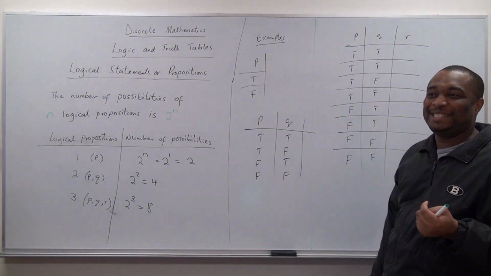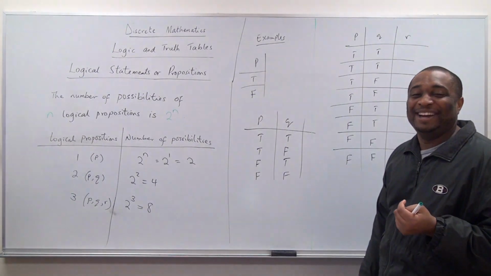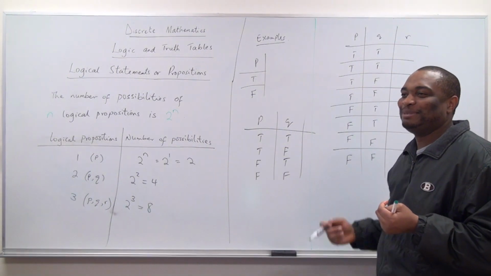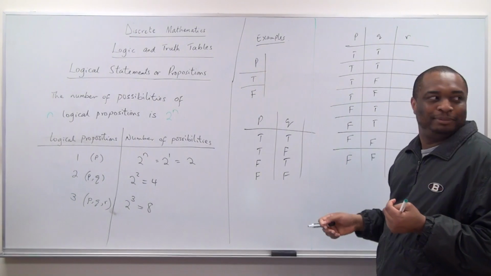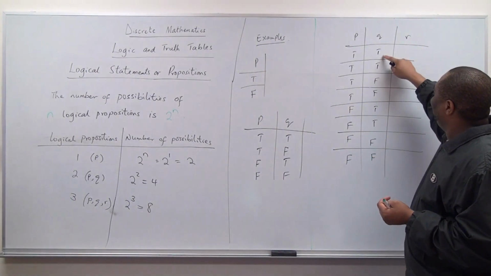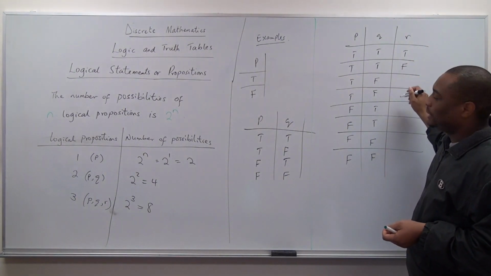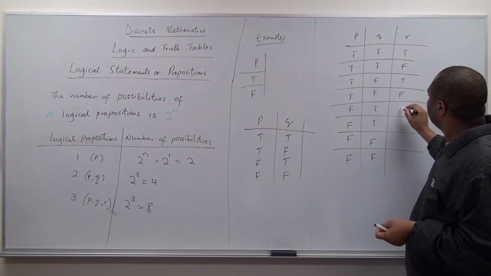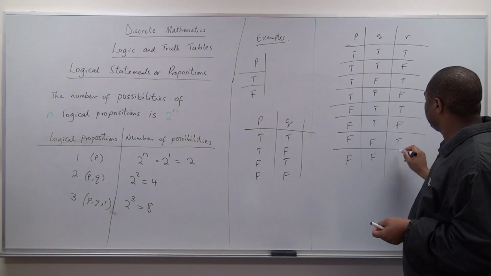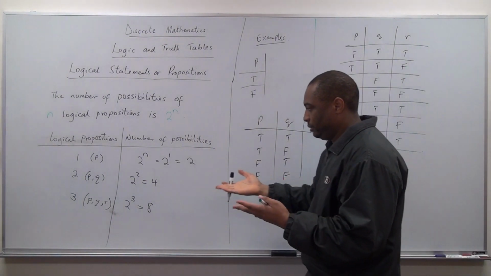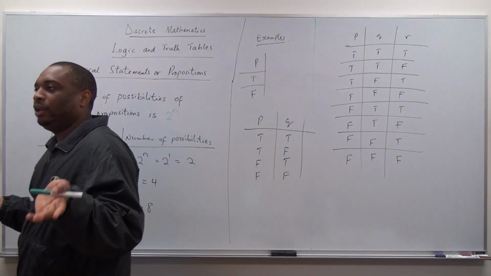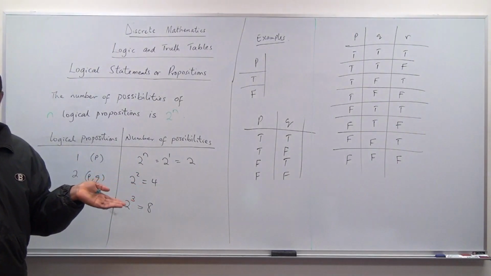Then for R, these 2 divided by 2: 1 true, 1 false, 1 true, 1 false, 1 true, 1 false, 1 true, 1 false. And that is your 8 if you have 3 logical propositions.